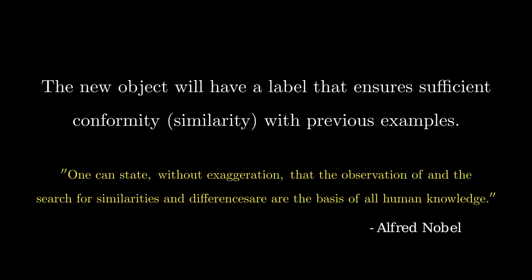Note that typically there are multiple or even an infinite number of labels that can render the new object sufficiently conforming with the old ones. As a result, predictions must be expressed as sets.